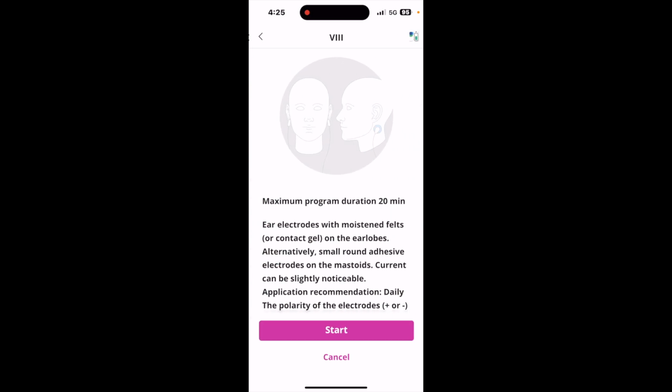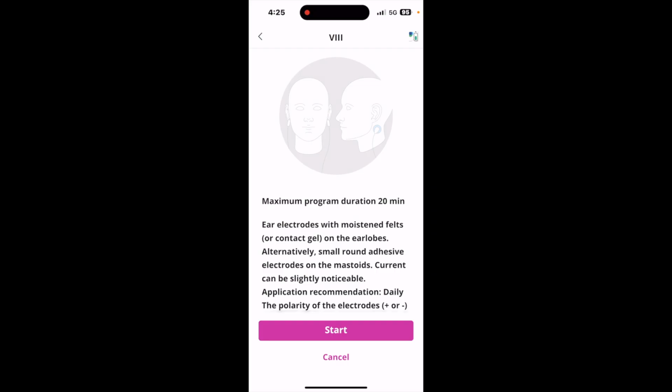So this is a 20-minute program. You can use either the ear electrode or the gel electrodes. For ear electrodes, you clip it onto the ear, moisten the felt, and do not use more than 30%. Okay, 20%, 25% is fine.